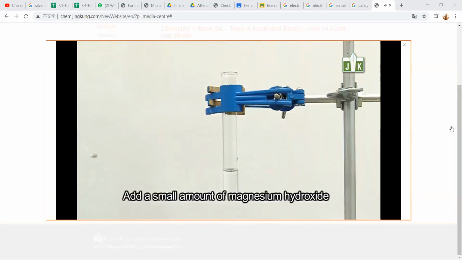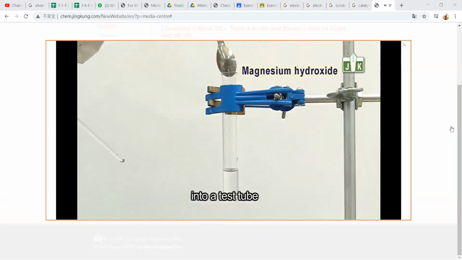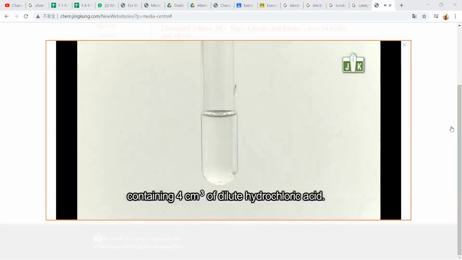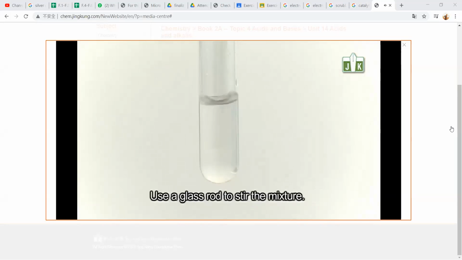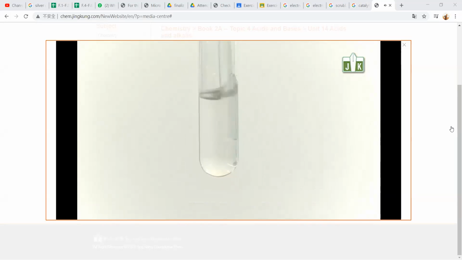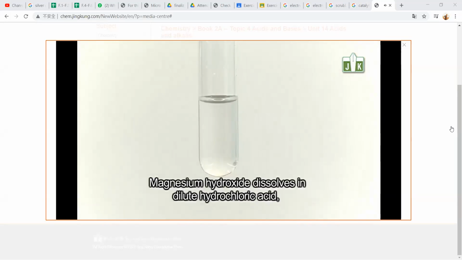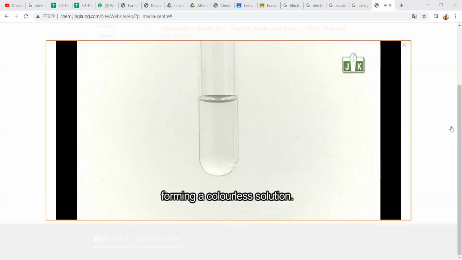Add a small amount of magnesium hydroxide into a test tube containing 4 cubic centimeters of dilute hydrochloric acid. Use a glass rod to stir the mixture. Magnesium hydroxide dissolves in dilute hydrochloric acid, forming a colourless solution.